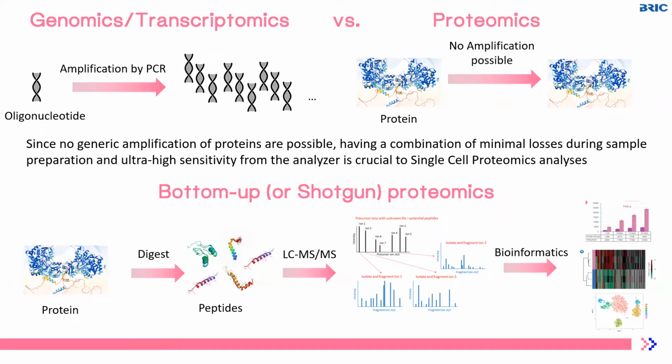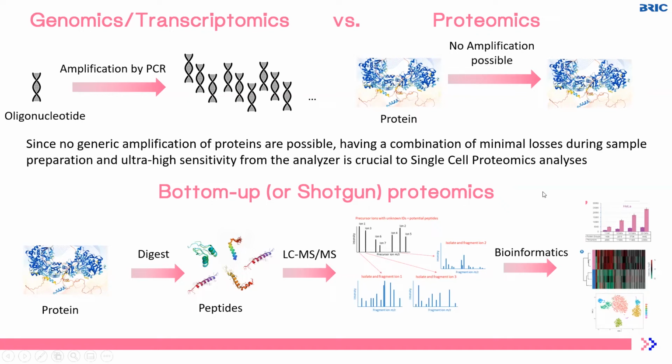So we have to work with whatever is present in a single cell. So it is really critical that during your sample preparation, prior to your mass spectrometry analysis, you're not going to lose anything from your sample. And also you have to work with a very high sensitivity mass spectrometer.